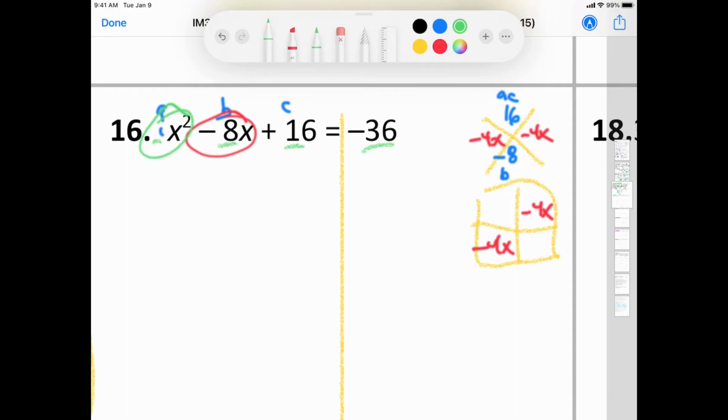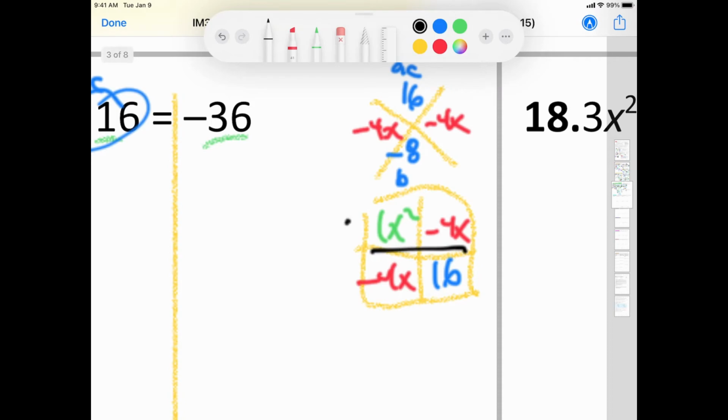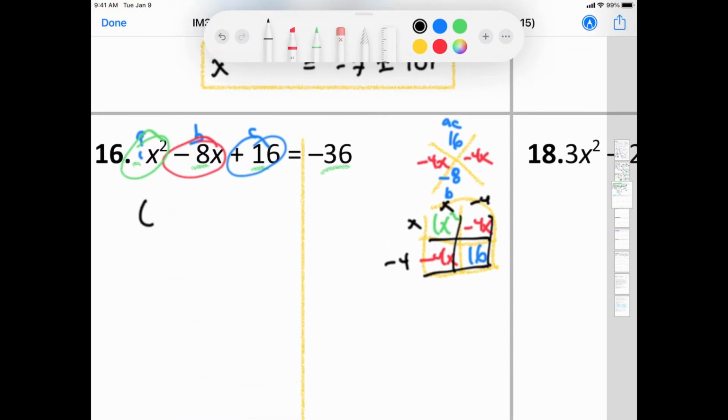And this becomes 1x squared, 16. Greatest common factor going in this direction is x. This one is -4. This one is x and -4. Now when you have two of those, you just write them with a squared.